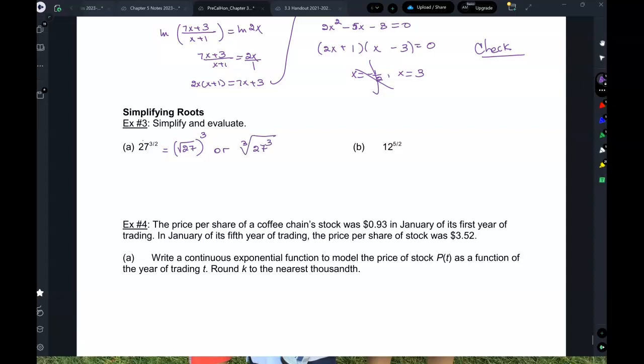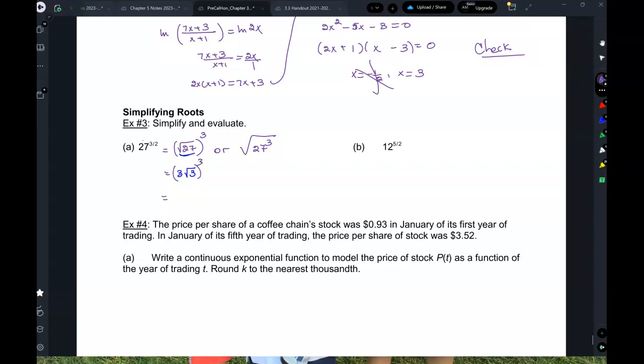Both of these are equivalent. And then it's up to you whichever one of these you want to solve. Obviously, this is easier to solve. So this first one, the square root of 27 is 3 root 3, cubed.